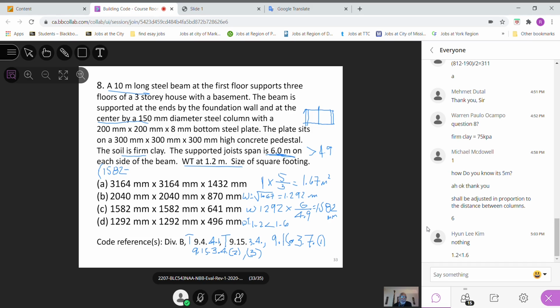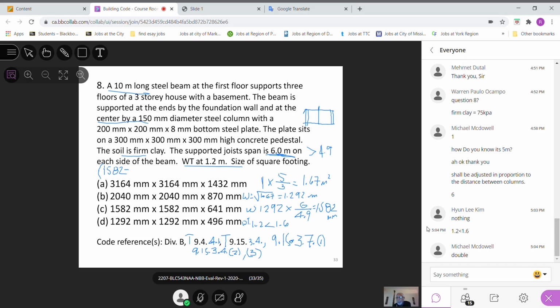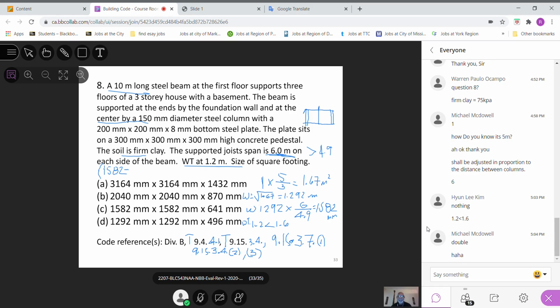915.34 bracket 3 tells us what we have to do. We have to double. Michael, you're doing well. Don't lose it, Michael. You have to read 915.34 bracket 3.